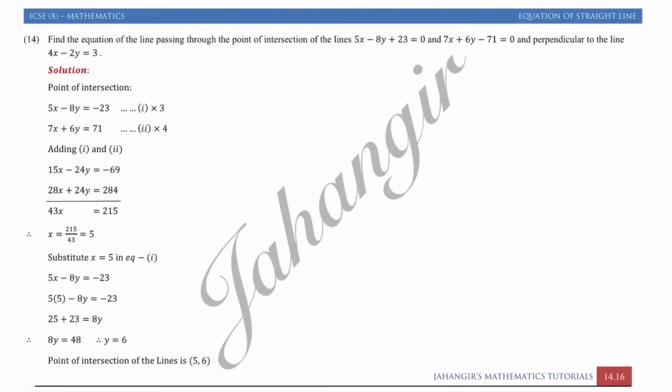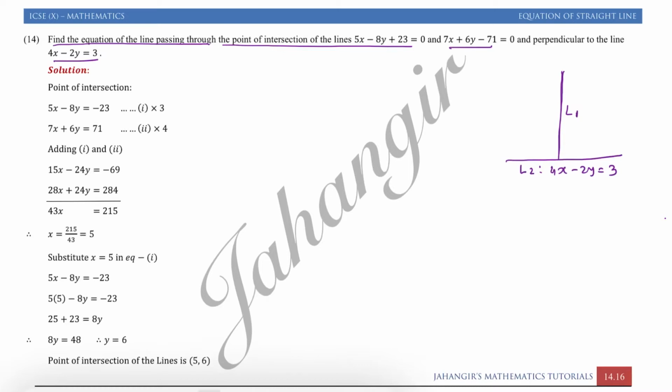Find the equation of a line passing through the point of intersection of two lines and perpendicular to one more line. So we have to find the equation of L1. Let's draw a diagram to represent. Let us say we have to find the equation of line L1 which is perpendicular to L2, whose equation is 4x minus 2y is equal to 3.